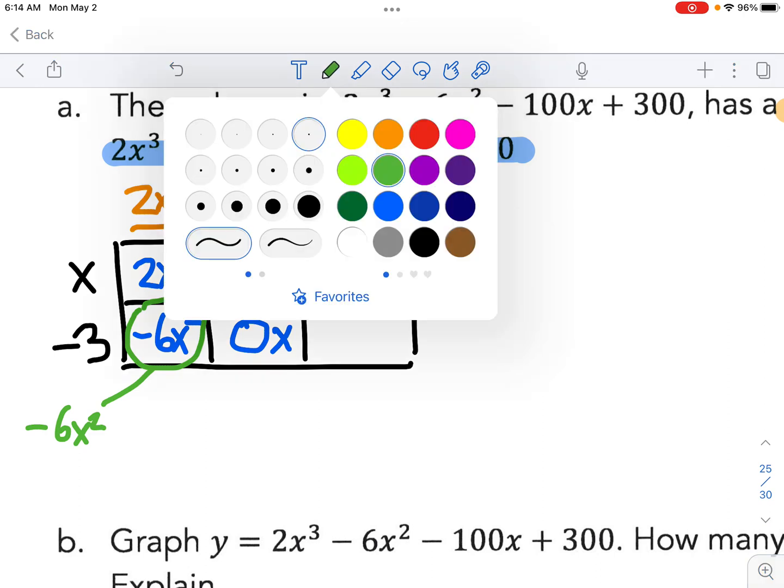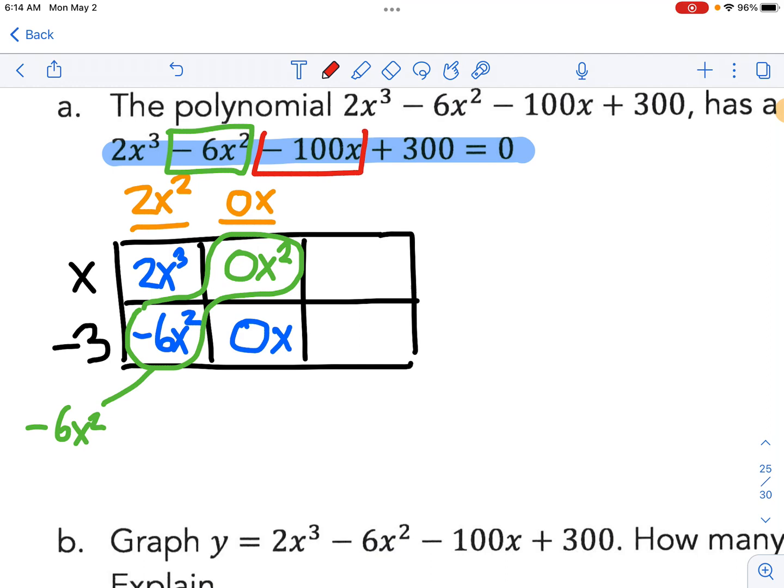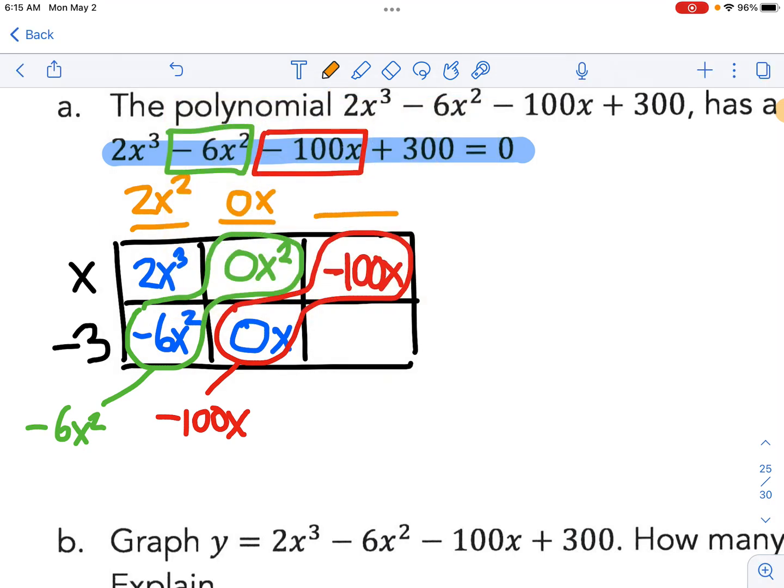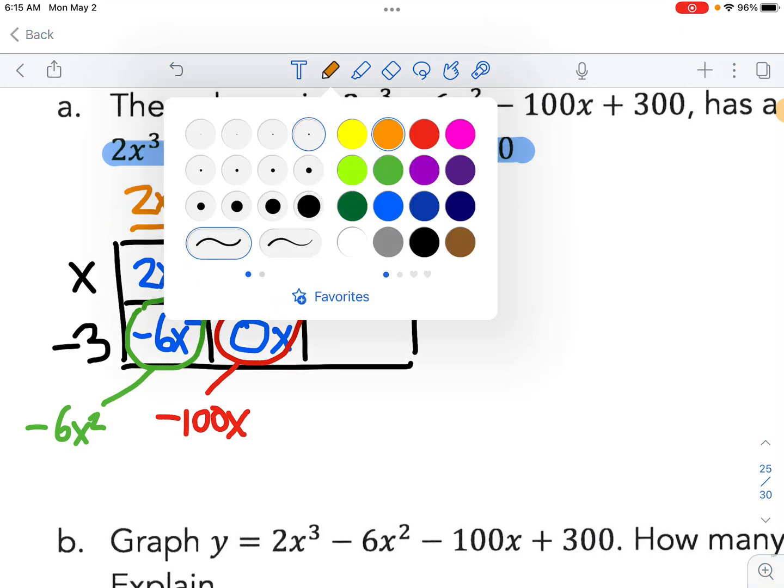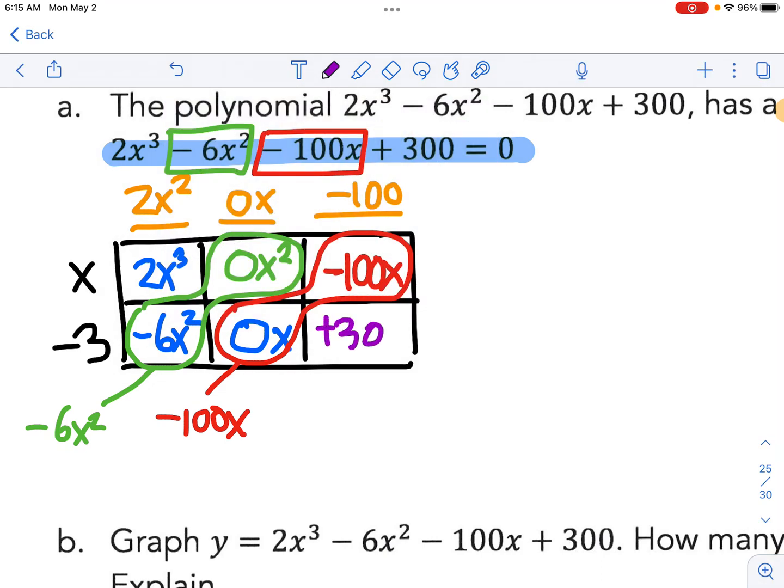We made the negative 6x squared. There we go. Now we're trying to make the negative 100x. So these two are like terms, and they need to make negative 100x. So this must be negative 100x here. So this fill in the blank up here then is negative 100. And when we do the multiply, we get positive 300, and there it is. We get that positive 300, and that matches that final term.